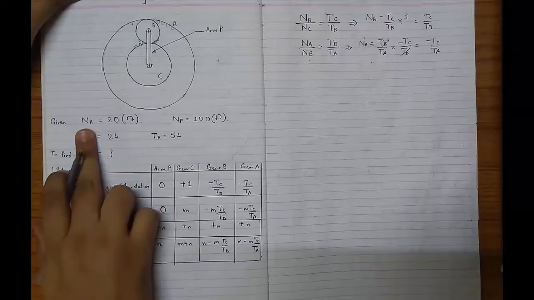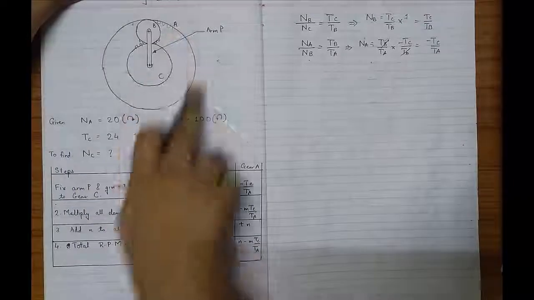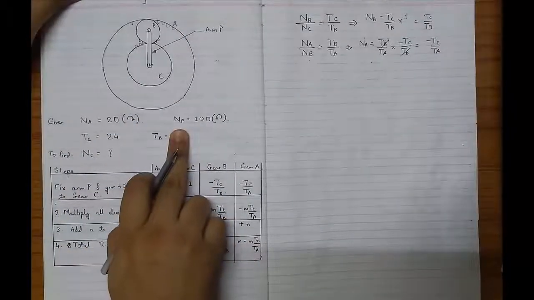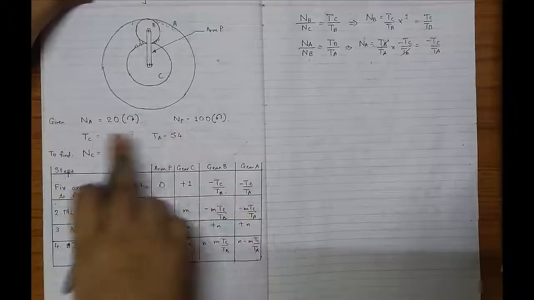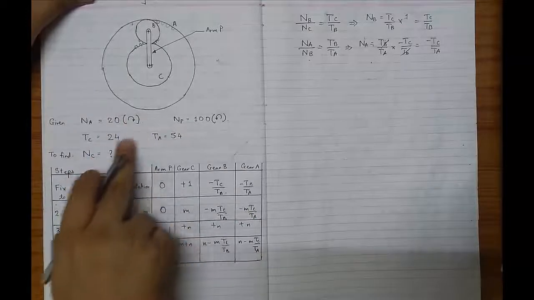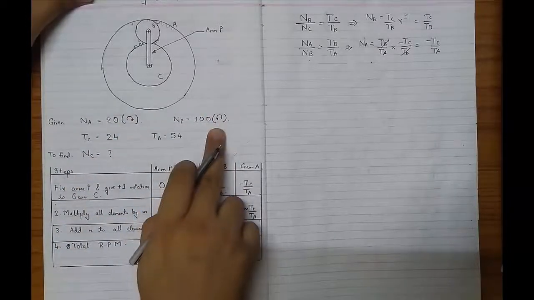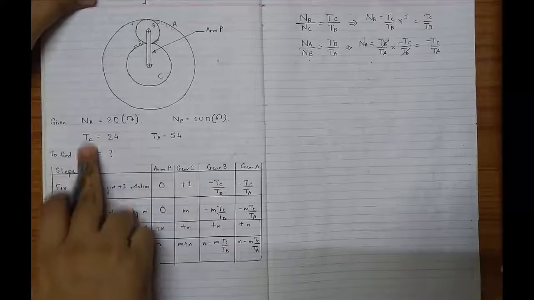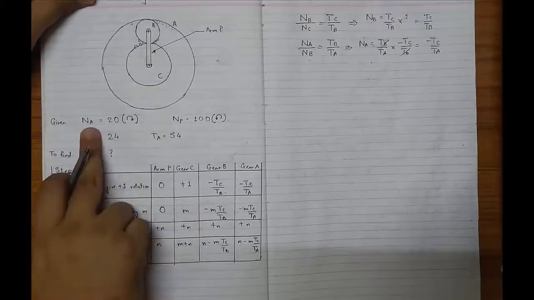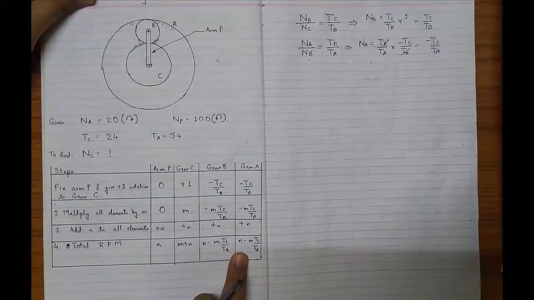They have given us the RPM of the annular gear A, 20, and they have given us the RPM of the arm P. Okay, this is clockwise, so it is negative. This is anti-clockwise, so it is positive. Okay, so what is A? The annular gear here. This is our equation.